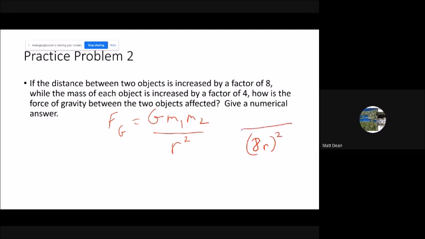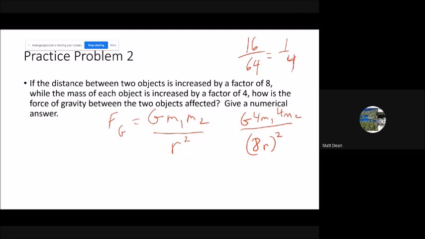Then we're going to increase the mass of each object by a factor of 4. So M1 becomes 4M1, and M2 becomes 4M2. Now if we simplify this a bit, on top we've got 4 times 4, so 16 on top, and on the bottom we've got 8 squared, 64. Well, we can reduce that to 1/4. 16 over 64 is 1/4.